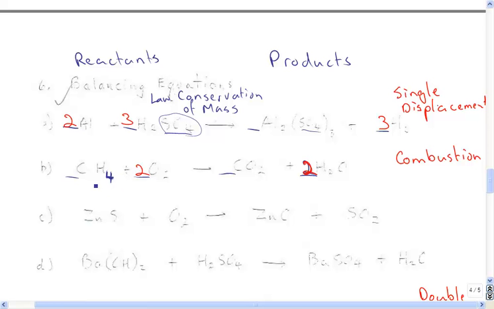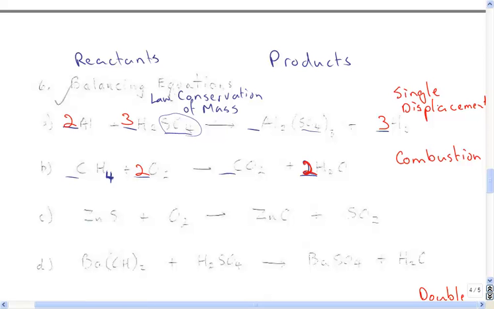I switch back and forth because of those white marks underneath. So I've got 4 hydrogens. I've got 2 times 2 is 4. I've got 2 times 2 oxygens is 4. And I've got 2 oxygens plus another 2 oxygens is 4. So that's balanced. And this is a balanced combustion reaction.